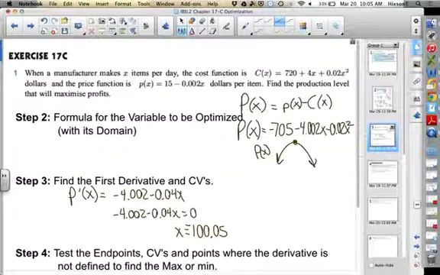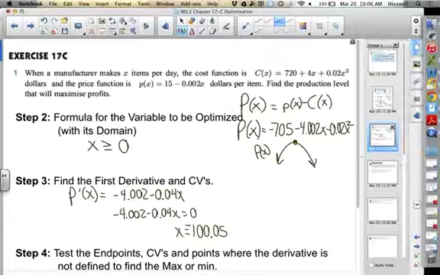So this is outside the range of possibilities, because we don't want x to be negative, because that is something we can look at in the domain. X has got to be greater than or equal to 0, because you can't produce a negative number of items per day.